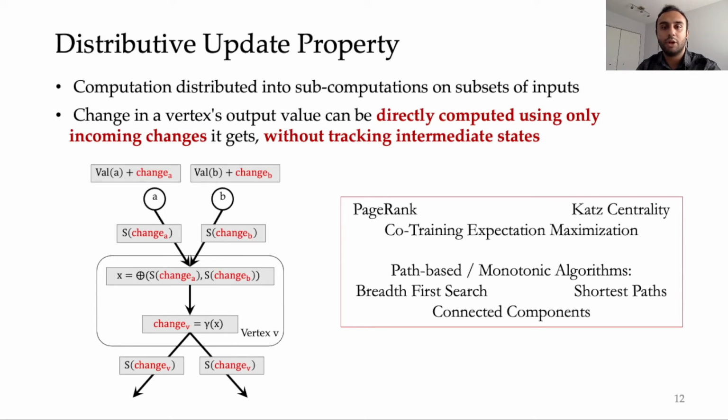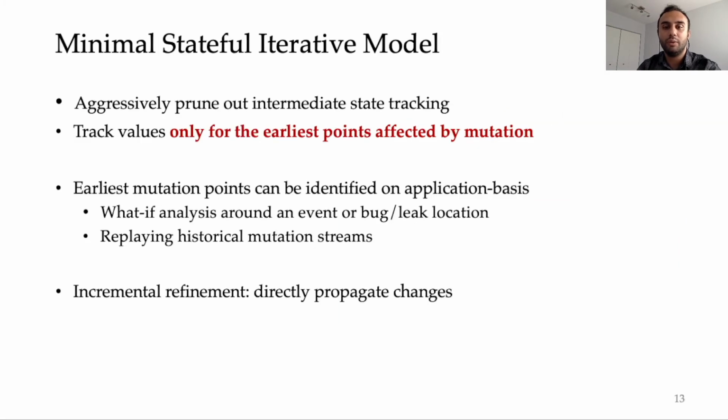For example, computation in PageRank, COEM, cut metrics, path-based functions like SSSP, connected components, and several others satisfy the distributive update property. Again, a comprehensive study of what kind of computation are supported or not supported is present in the paper. Okay, so now that we have identified this important property, our minimal stateful iterative model exploits it.